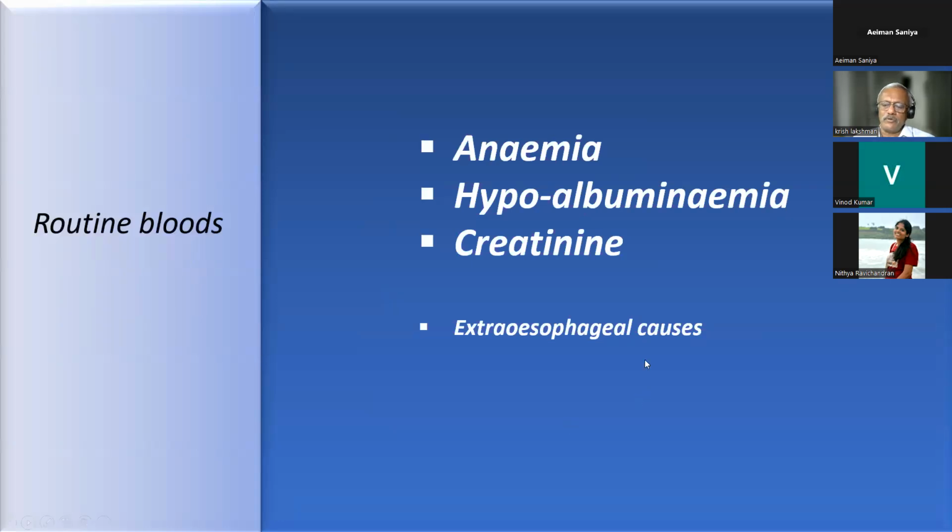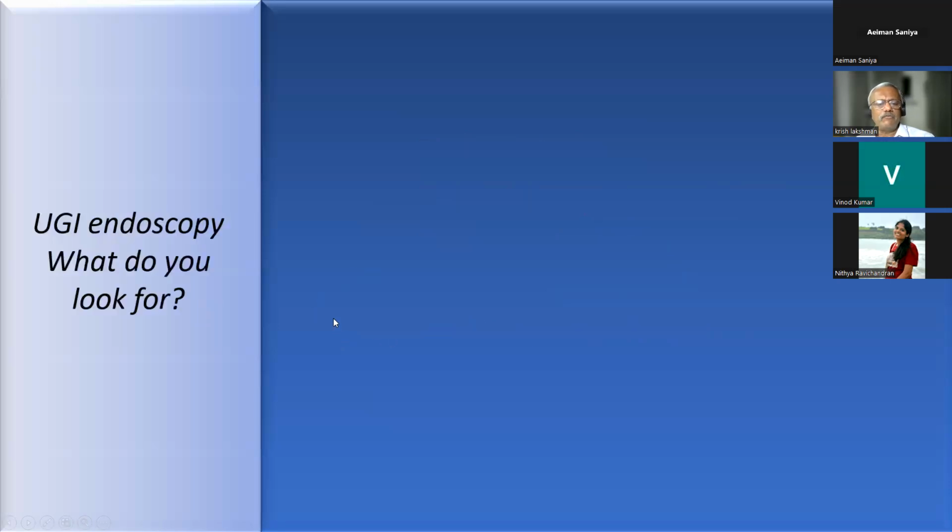And of course, I put in small letters extra esophageal cause. You can ask for anything that you want, LFT, CEA, blood gases, whatever. Huge list. We're not getting into it. We're looking at motility disorders. So per se, you're worried about anemia, hypoalbuminemia, and perhaps a compromised kidney function.